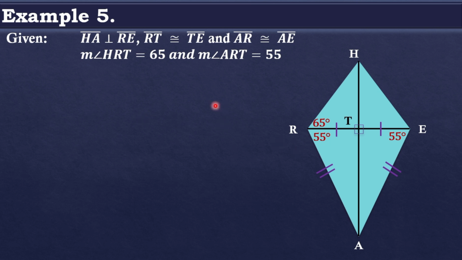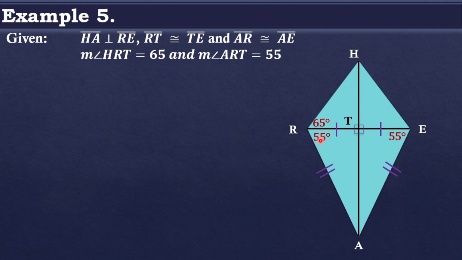Okay. Now, bakit ito, si angle TEA ay 55 degrees din? Okay. Although hindi pa to na-discuss, pero tatandaan na kapag yung dalawang sides congruent, ibig sabihin, yung dalawang angles opposite sa kanila ay congruent din. Okay?